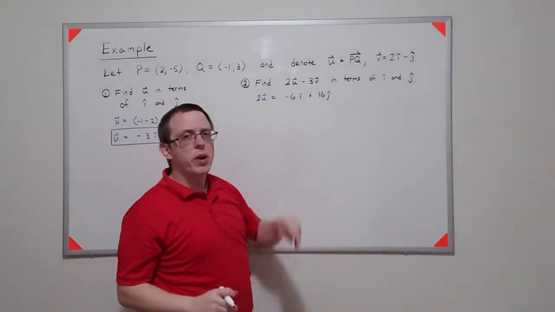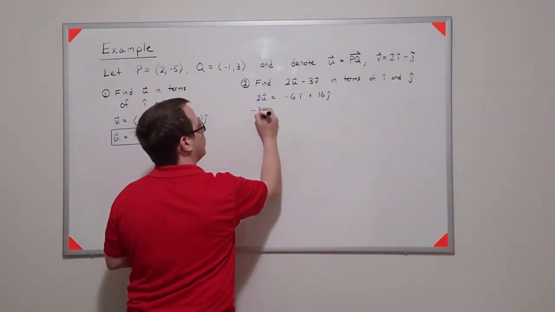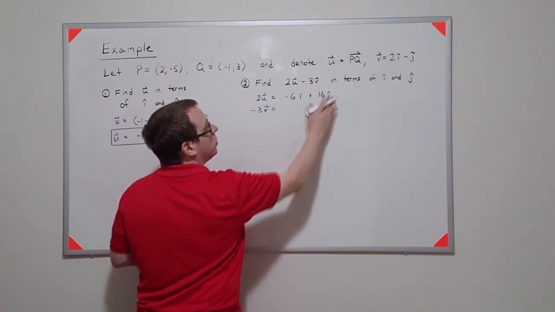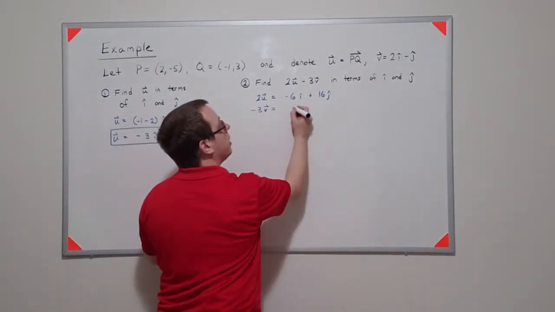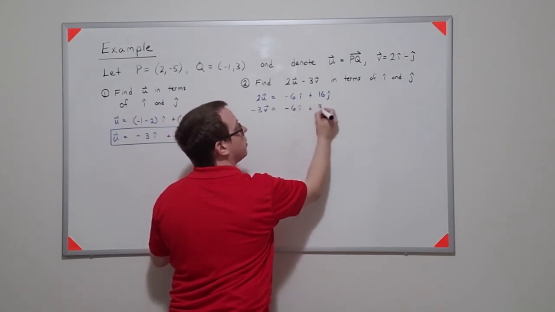And instead of getting 3v, let's go ahead and get -3v. So -3v would be -3 times each of these components, so that's going to get us -6i plus 3j.